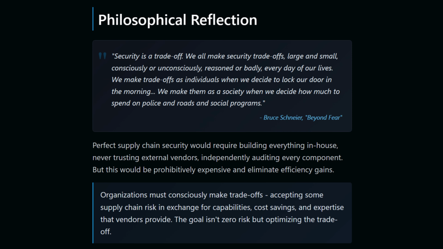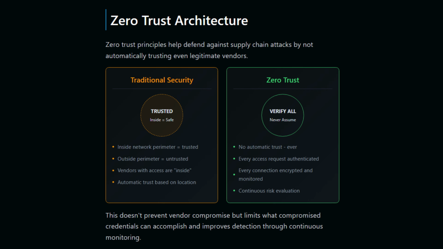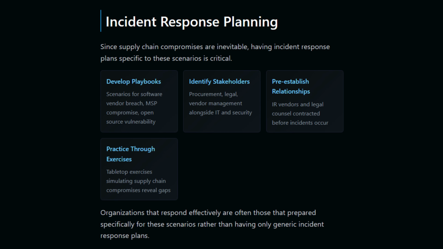Perfect supply chain security would require building everything in-house, never trusting external vendors, independently auditing every component. But this would be prohibitively expensive and eliminate the efficiency gains that make vendor relationships valuable. Zero trust principles help defend against supply chain attacks by not automatically trusting even legitimate vendors. Since supply chain compromises are inevitable, having incident response plans specific to these scenarios is critical.